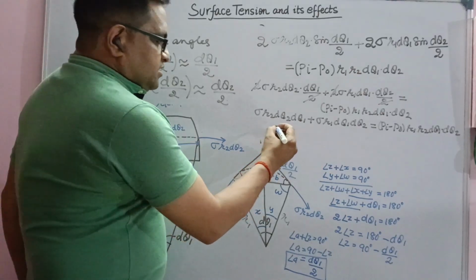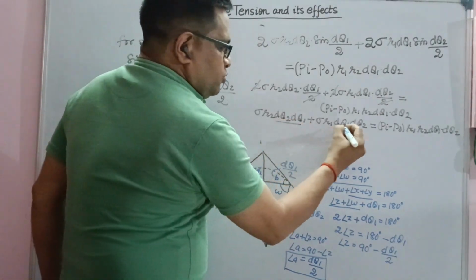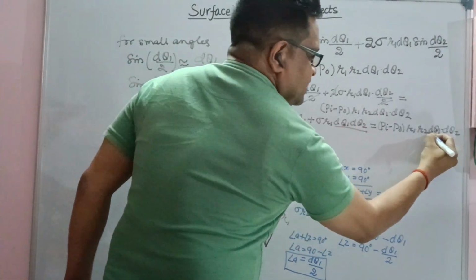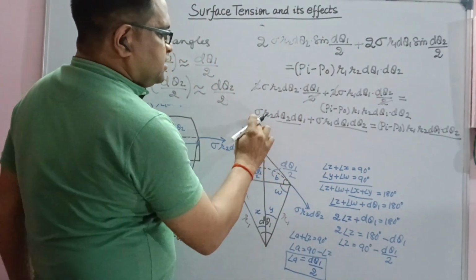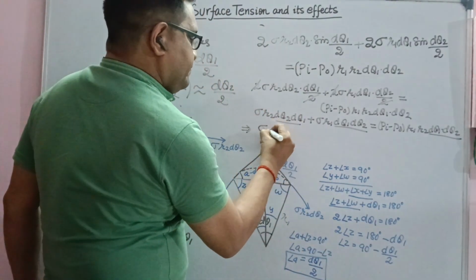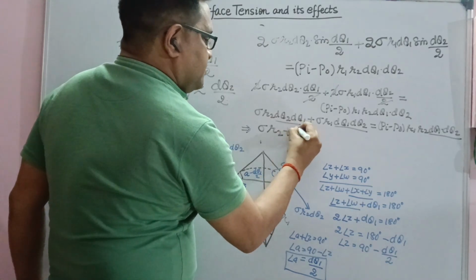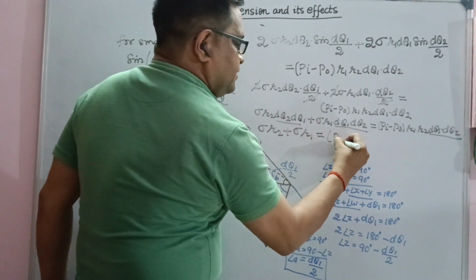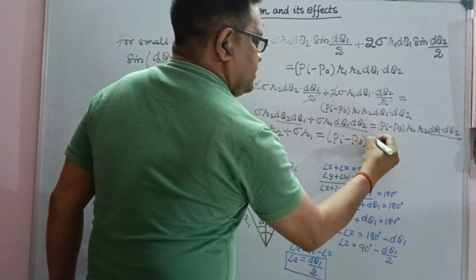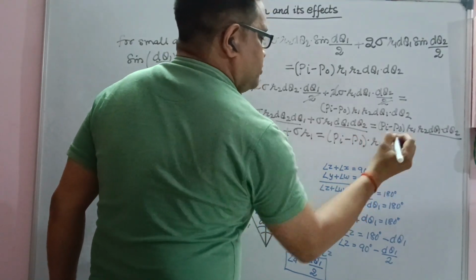Now in all these terms we have d theta 1, d theta 2 as common, so we can cancel it out. So finally we get sigma R2 plus sigma R1 will be equal to Pi minus P naught into R1 R2.